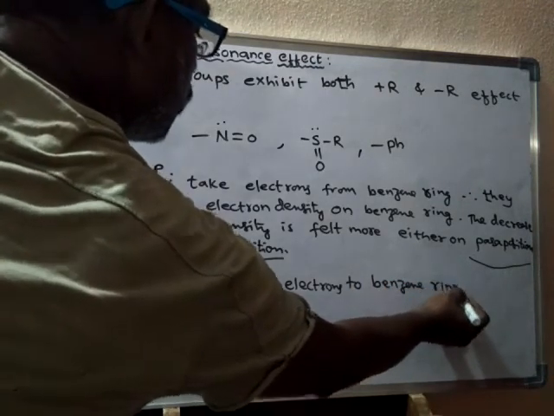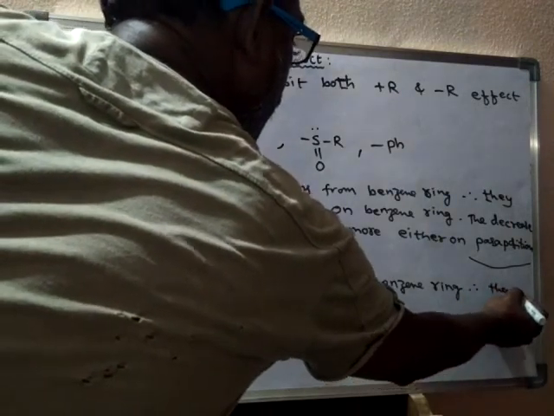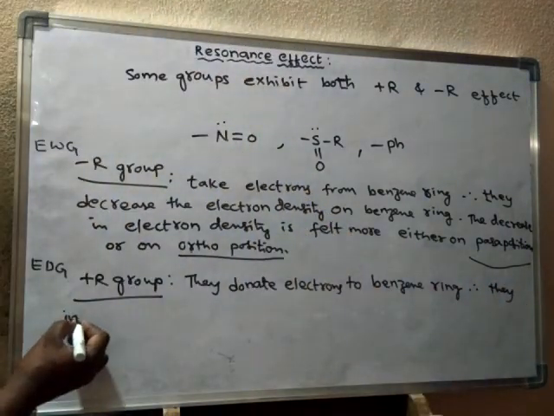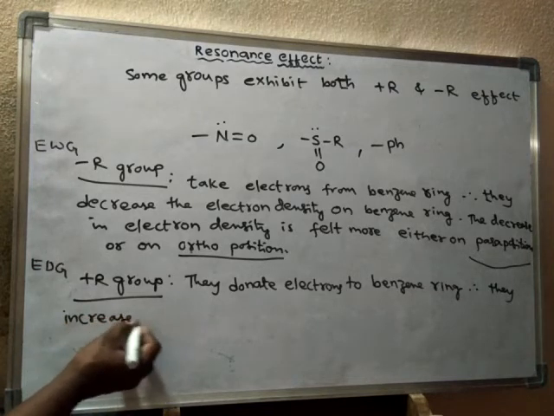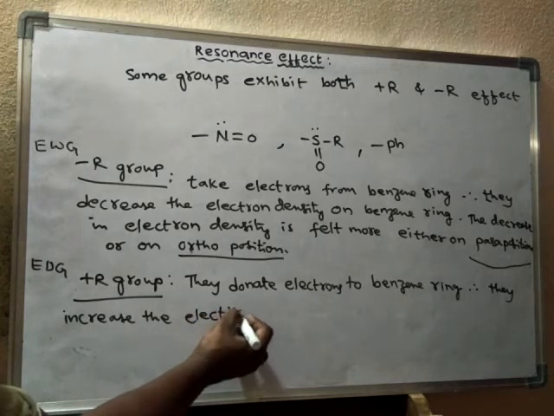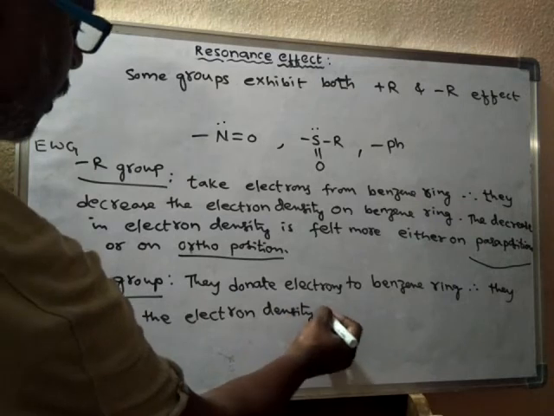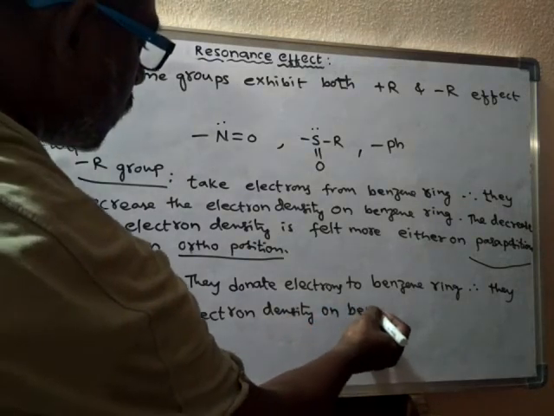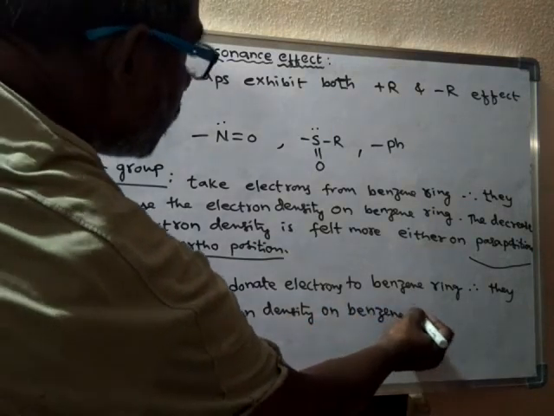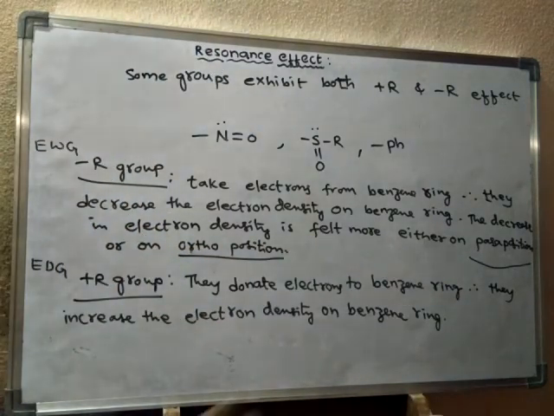Therefore, they increase the electron density on the benzene ring, and the increase is felt more on ortho and para.